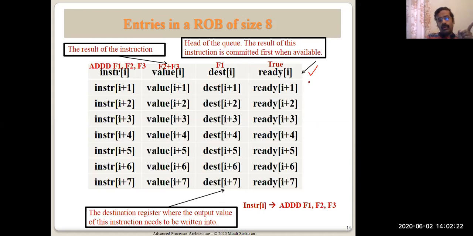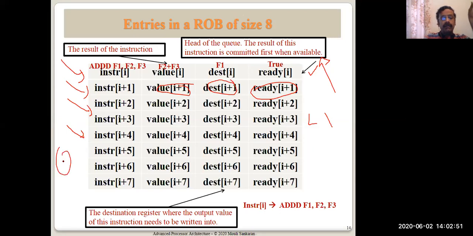If I ask you whether it is LIFO or FIFO, instructions enter in order and exit in FIFO order. First in, first out, they go out of the buffer. But the values written into this can happen in any order. There is no sequence.